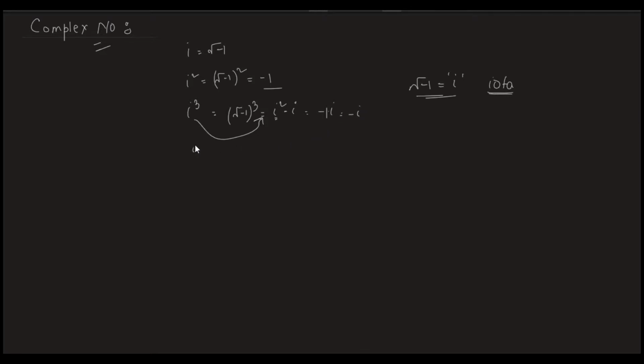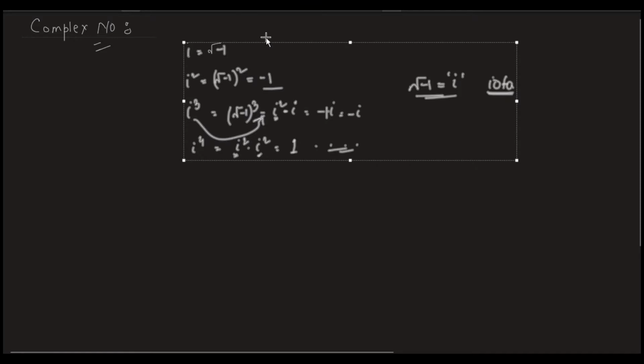And i to the power 4 equals i square into i square, that is minus 1 into minus 1, so it will be 1. And so on.